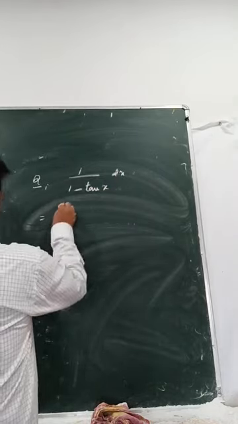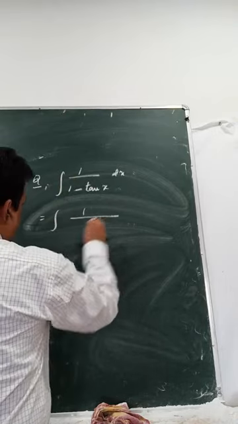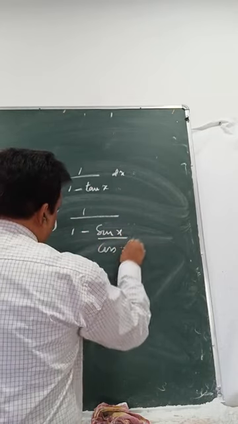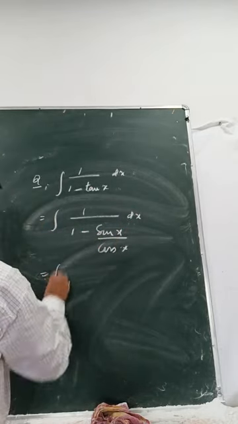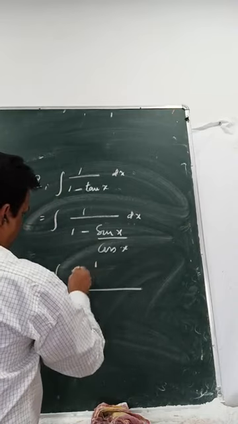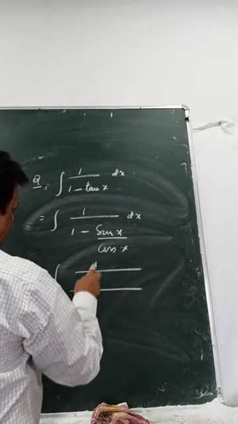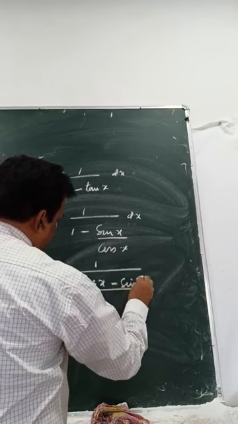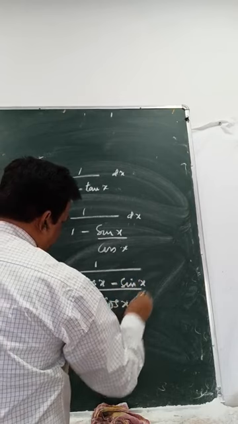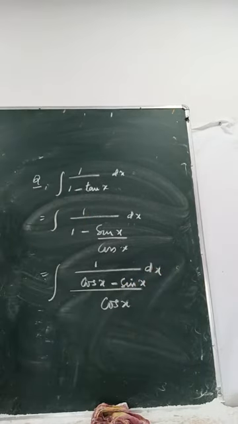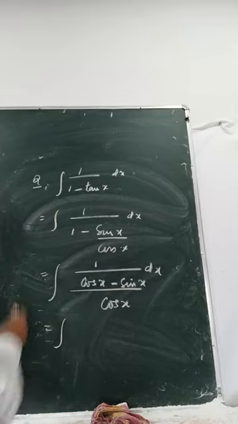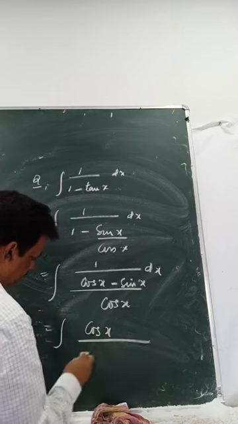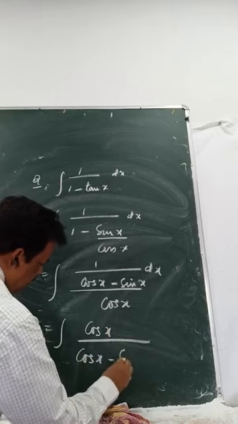So I will simplify here. 1 minus sin x by cos x dx. So what should I get? Cos x minus sin x by cos x. Okay, so this is an important question. Try to see. This cos will go to the numerator, so cos x by cos x minus sin x.